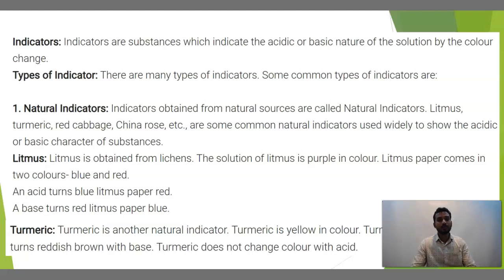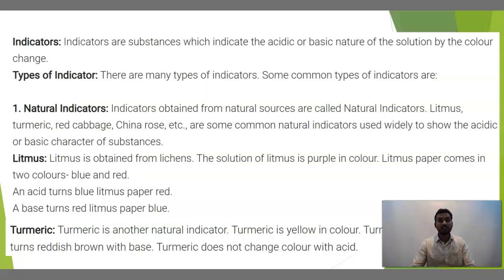Now we have different types of indicators. Natural indicators are those available naturally, for example litmus, turmeric, red cabbage, china rose, etc. Now I want to tell something about litmus, because that word is present in your textbook, and we need to study it. If a word has been given in the textbook, we have to cover some related information about it.